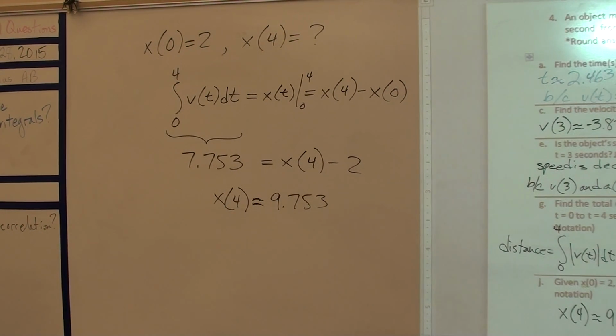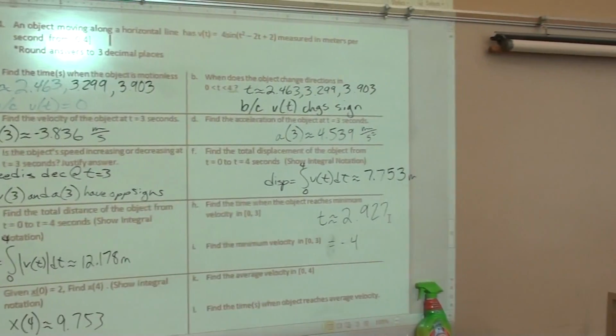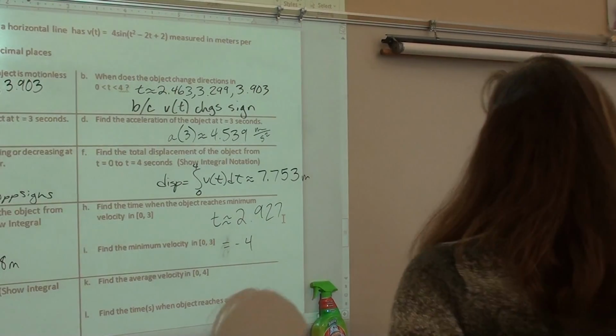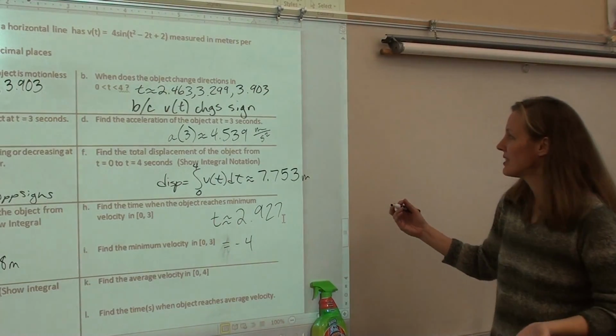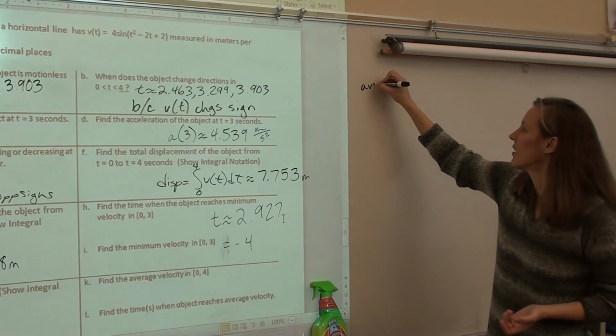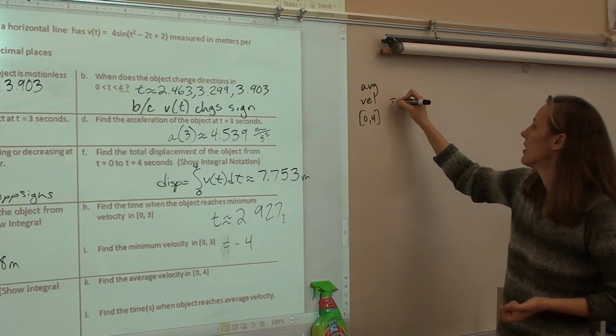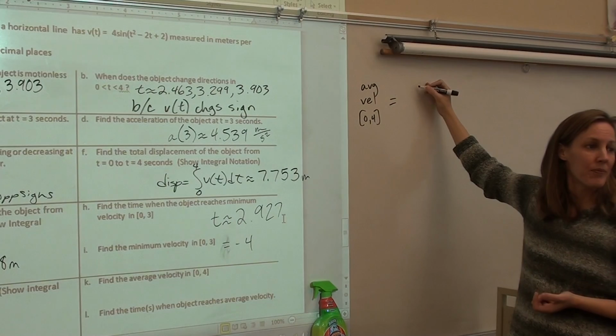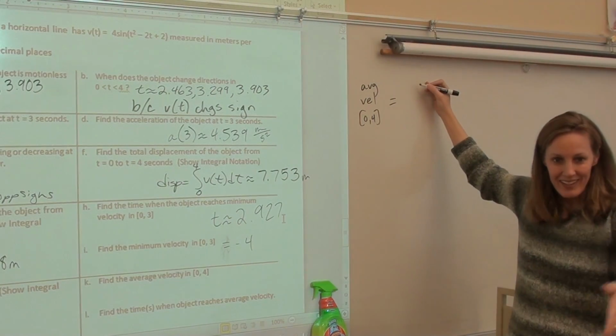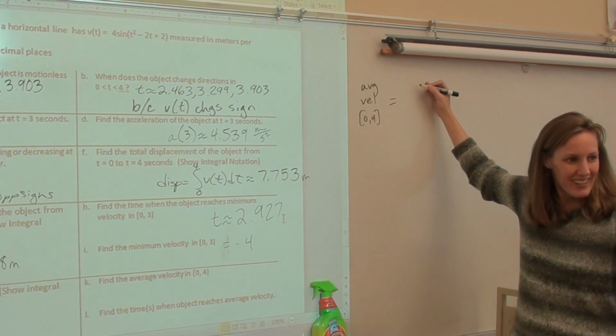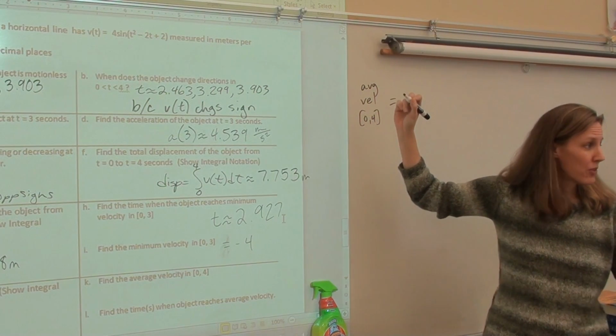All right, the very last one. Find the average velocity from 0 to 4. I'm going to do that on this side. How do I set it up? I'm going to use my average value formula, right?